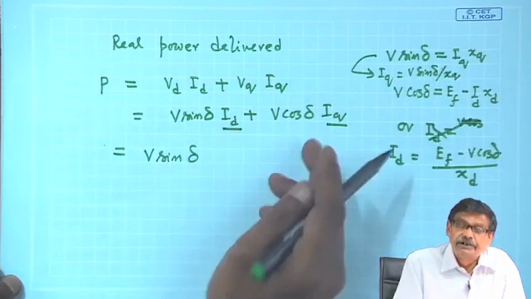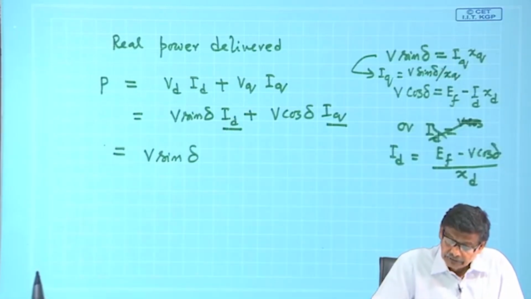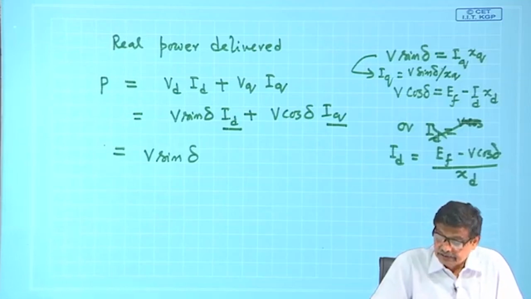These are the substitutions I have to do to get rid of ID and IQ.